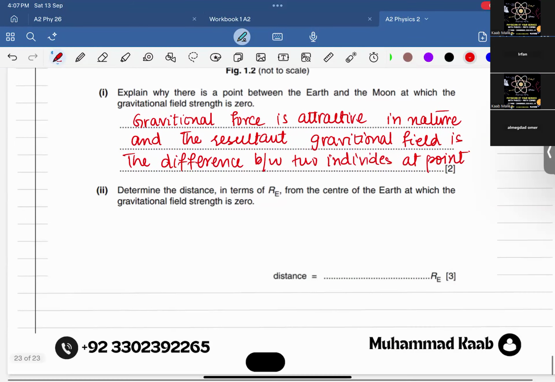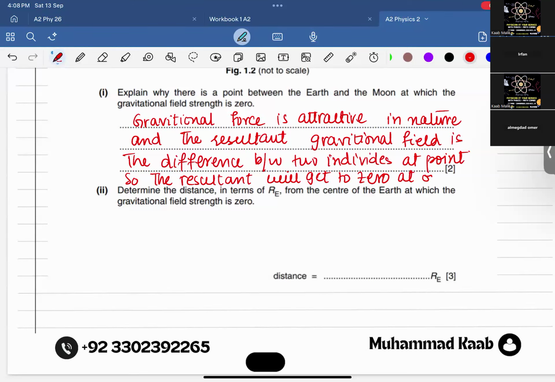And you know that whenever you are finding the difference, and one quantity is increasing and the other is decreasing, you will get a point where the resultant becomes zero. So the resultant will get to zero at a point.